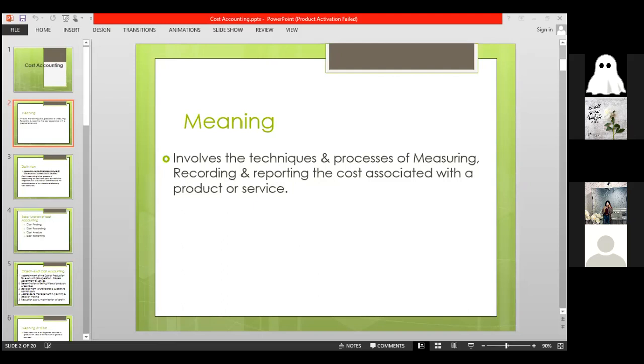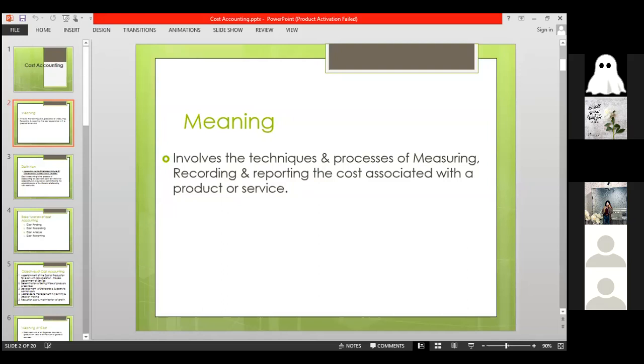So you can look at it like this: management accounting is the complete field of study, the whole major subject, while cost accounting is a technique. In general, cost accounting is a subject in itself too. There are many things to learn, but for our syllabus, cost accounting is a technique, or a method, we need to learn.